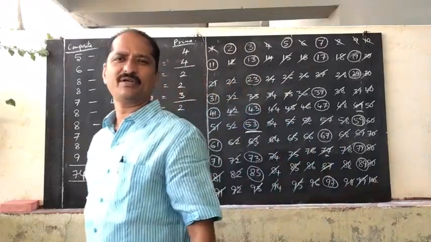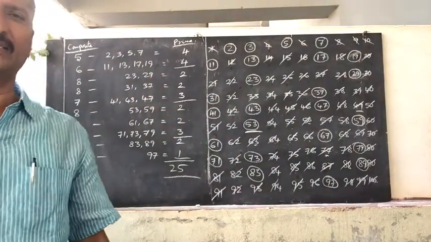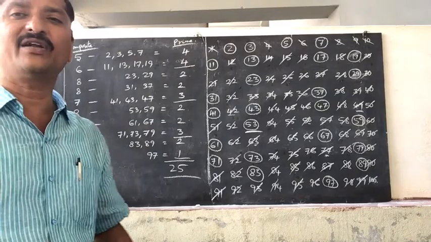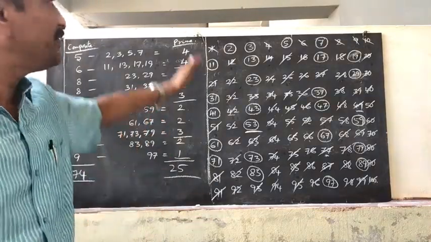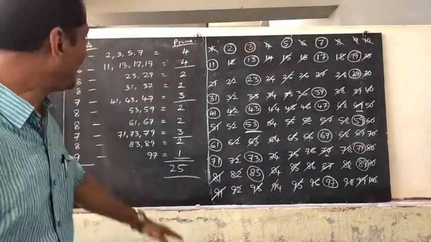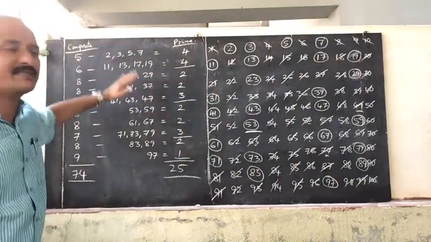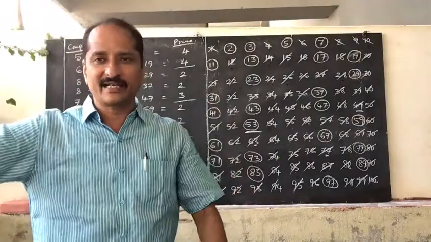If you are remembering like this, easily you can write down the prime numbers. Now without the help of this and without writing these numbers also, easily we can recognize prime numbers.